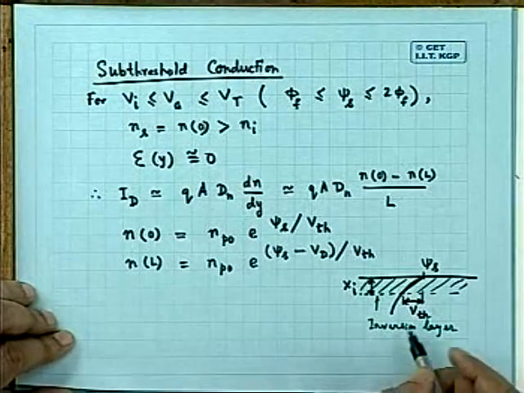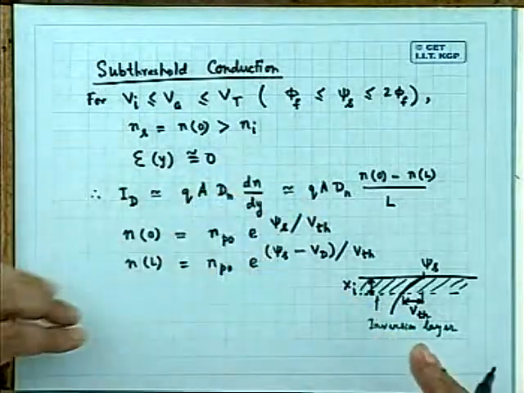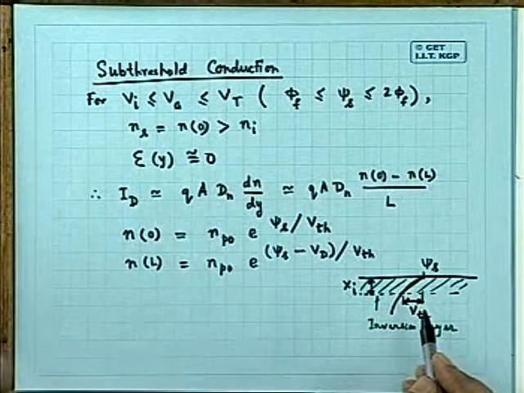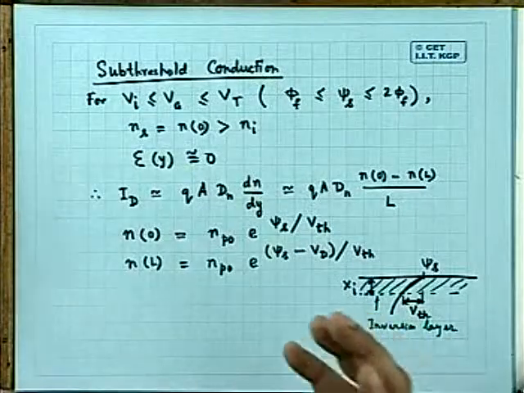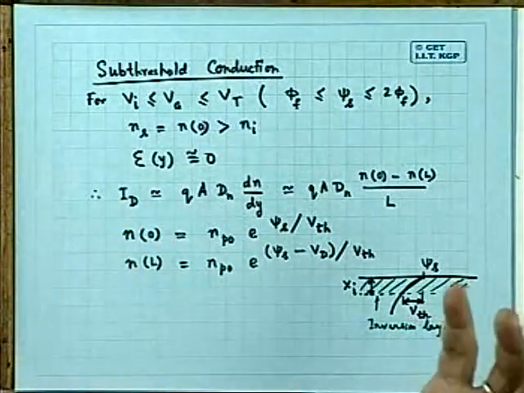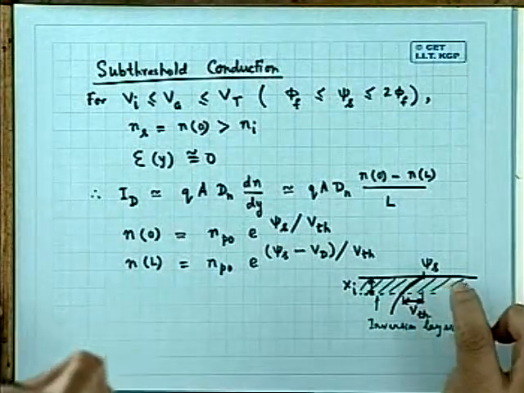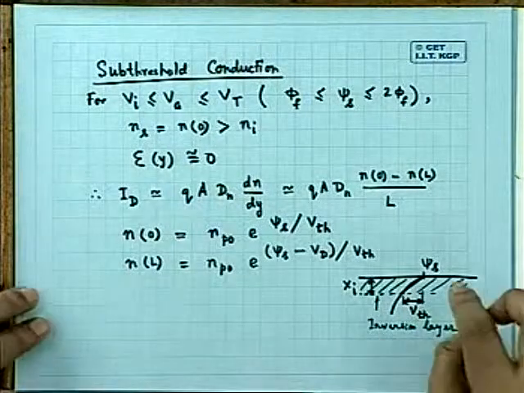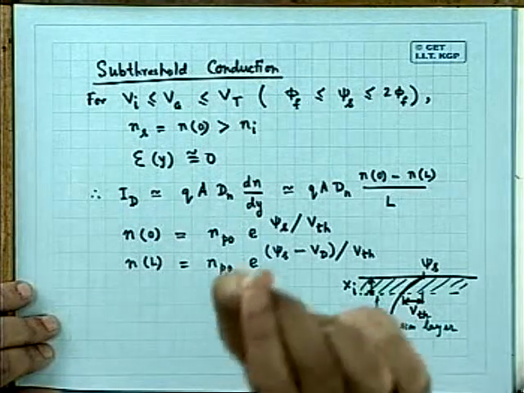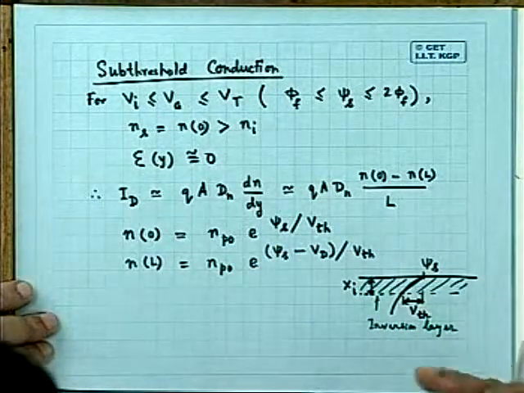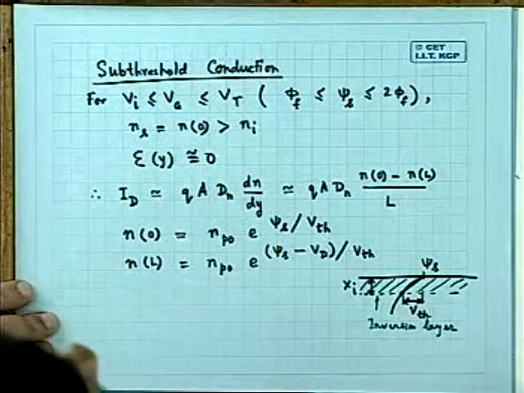Earlier, you remember, inversion layer was defined as the point at which, for the earlier derivation, that is more important for the total current flow. But here, because the number of electrons will be very few, and they will be distributed, because in metal also the electrons are all located at the surface because of the repulsions. The electrons will be mostly located at the surface, and because your potential is very small, psi s is now less than twice phi f, they are located practically at a very shallow region, and we assume that it is a region at which the potential falls by VTH.